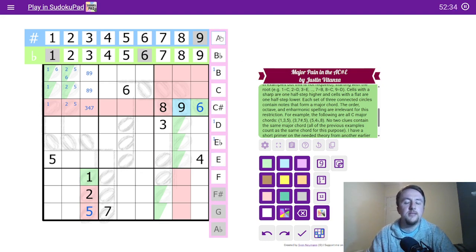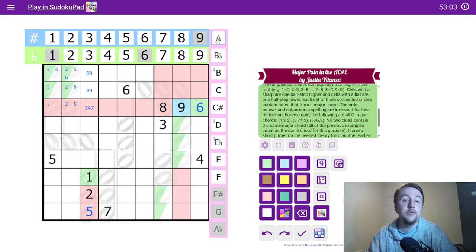But 6, so A appears in 3 different triads: A major, F major, and D major, which we now know all exist in the puzzle. So we must have 3, and we can't get an A by modifying a 5 or a 7, because we won't get close enough.